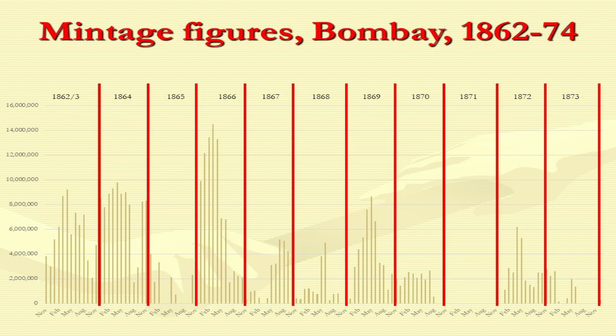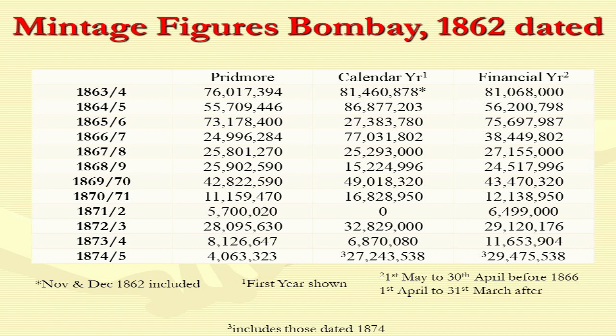How do they compare with Pridmore's mintage figures? Well, they don't, really. So I've no idea where Pridmore got his figures from, but they're wrong. If I take calendar year, as you can see, they don't really match very well at all. So I thought, well, perhaps he worked on the financial years somehow.